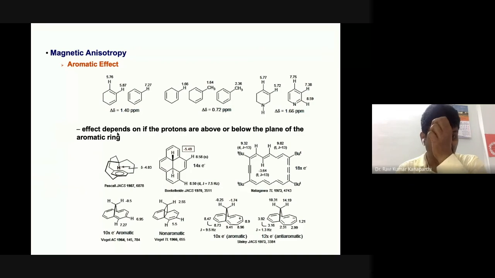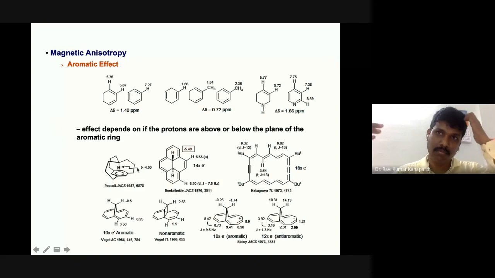The best examples are shown here, published in the Journal of American Chemical Society very long back. You can see here a benzene connected with an alkyl chain, and some of the methylene protons of the chain are just above this benzene ring.